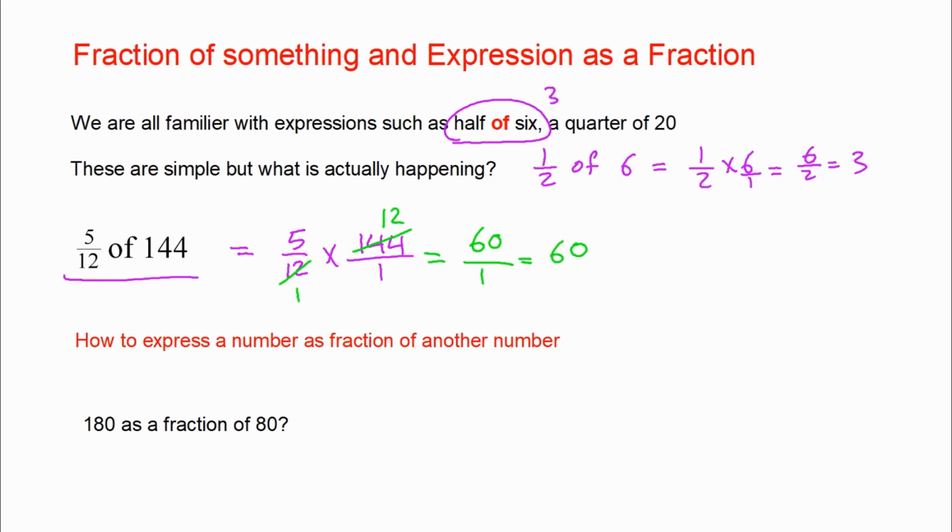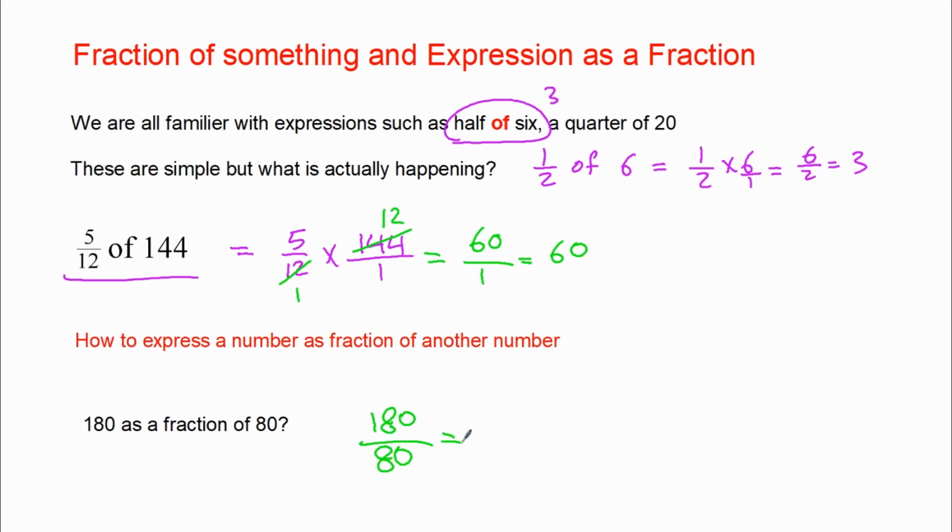Now, the second part is about how to express a number as a fraction of another number. So for example, the question could be, write down 180 as a fraction of 80. So as a fraction of 80, we need to divide that number by the one that we are going to write the fraction against. So that would be 180 divided by 80.